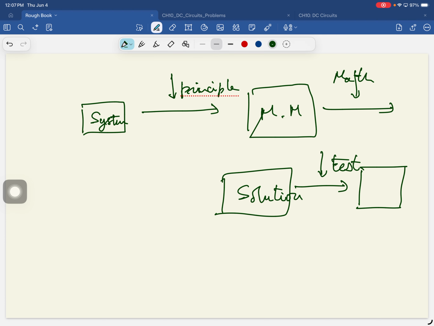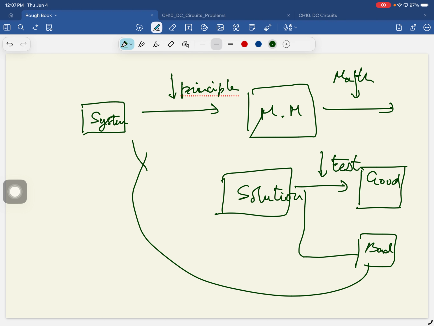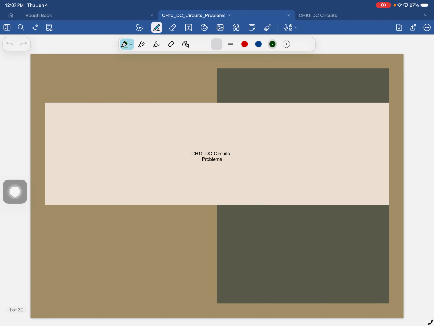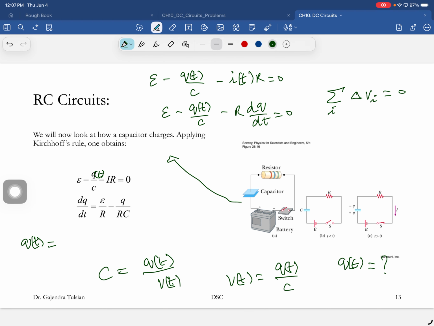Good, or no good, bad. Then you go back to the system, refine the principle, and so on. And you keep doing that till you get to good. All right, so you have a system, you come up with a model, and then solve for it.